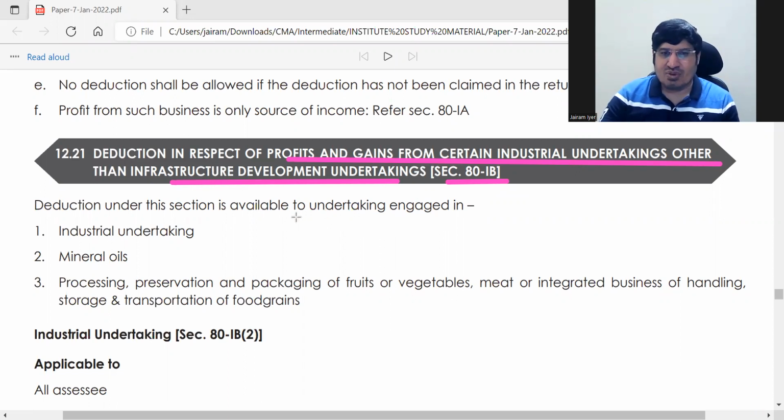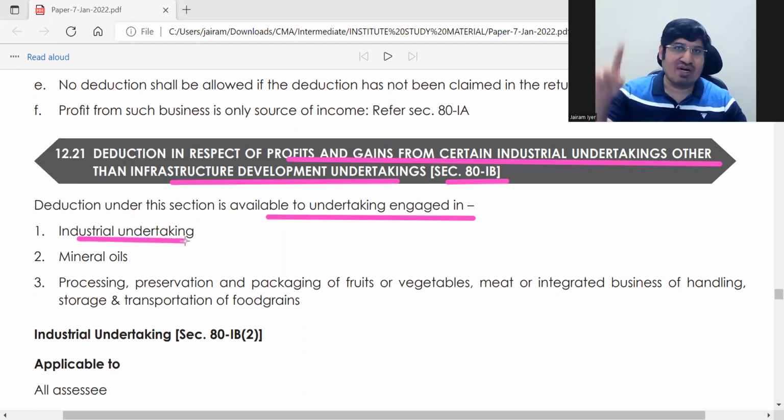It is available to undertakings engaged in, one, an industrial undertaking which is not covered under 80 IA, 80 IAB, and 80 IC. So it should not be covered under infrastructure development undertakings. It is another industrial undertaking.